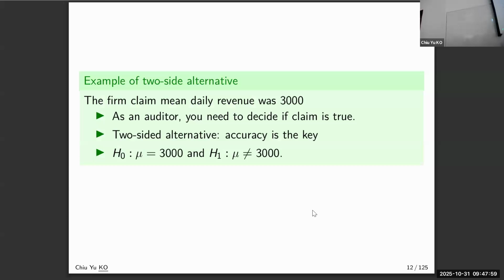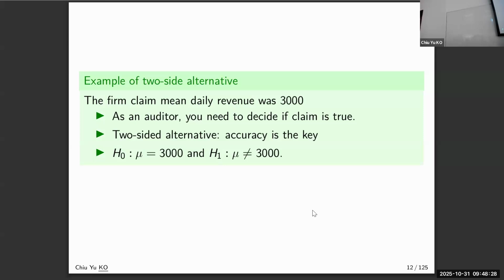An auditing application would be someone claims their company has certain revenue. You don't want, as an auditor, to say that you agree with it if it is too large or too small from 3,000, right? If too large, its actual one is more than 3,000, then actually they may be doing tax evasion, right? So you have to report it.